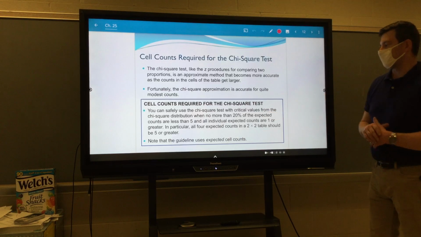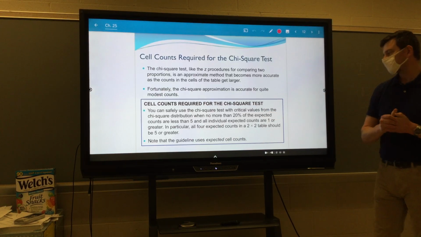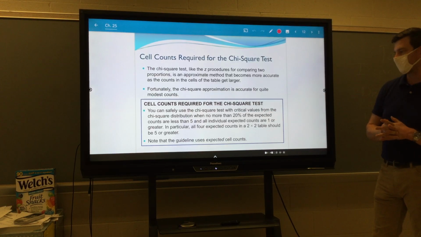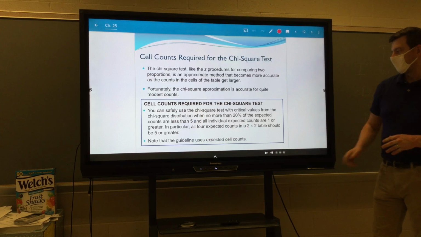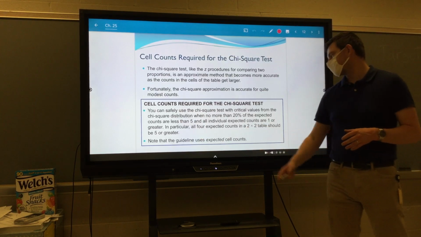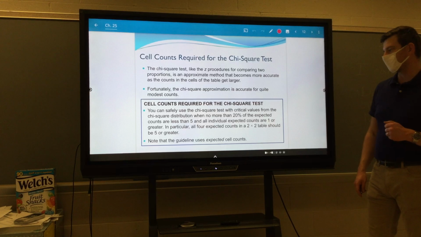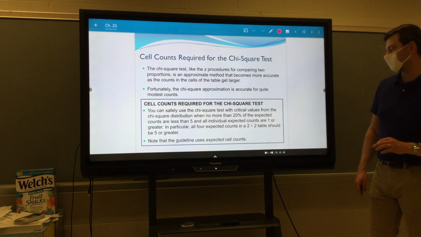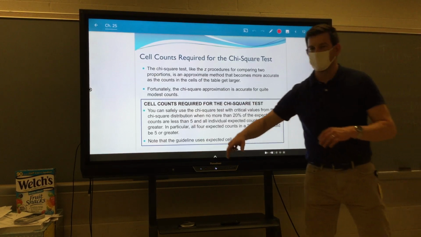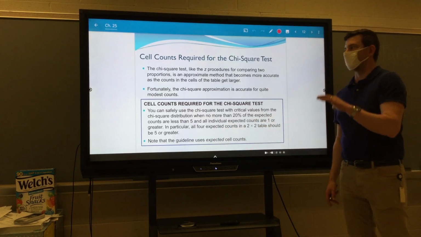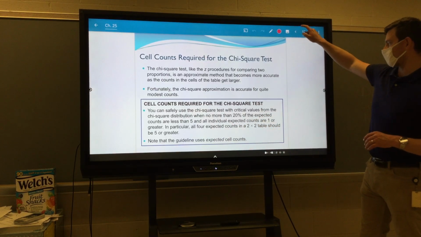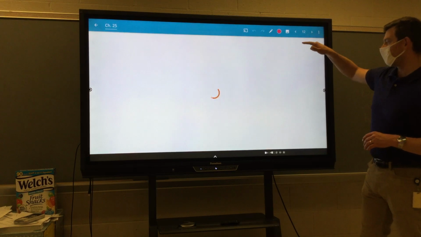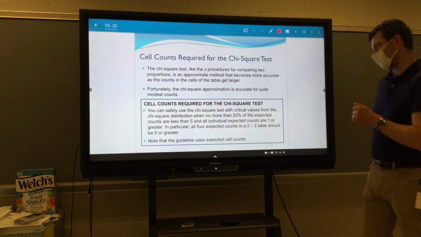The rule here is that you can safely use chi-square with critical values from the chi-square distribution when no more than 20% of the expected counts are less than 5, and all individual expected counts are 1 or greater. So, in this case, you would like to look at all of the expected counts, which we don't quite have yet, so I'll show you that in a minute with the technology.